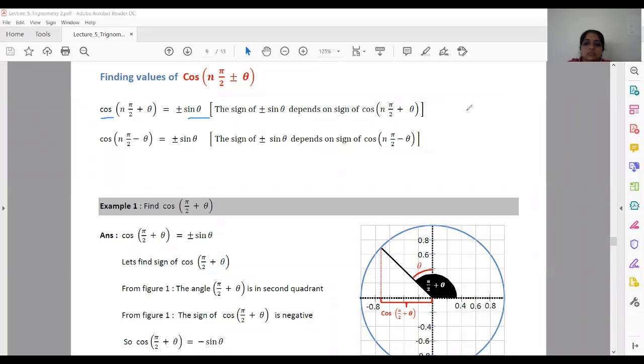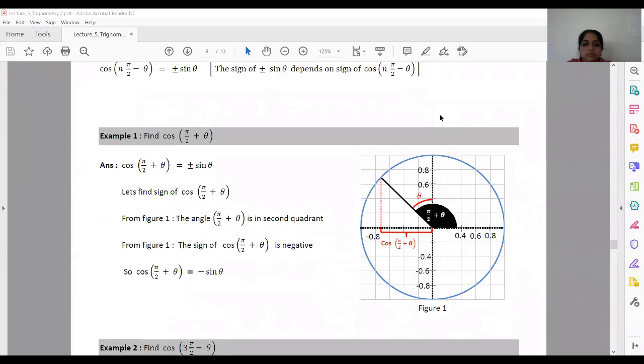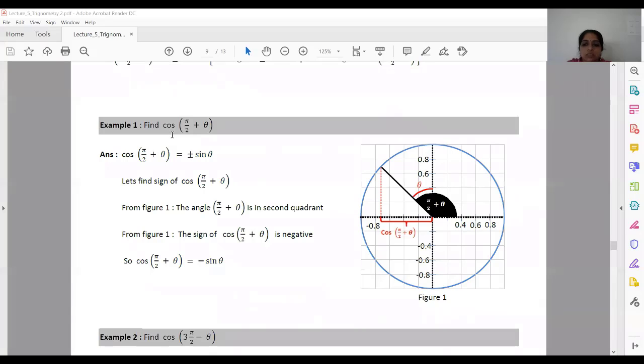So let's better understand with one more example: find cos of pi by 2 plus theta. Cos of pi by 2 plus theta means the cos function will convert into the sine function, right? From figure 1, pi by 2 plus theta, pi by 2 plus means it is in the second quadrant.